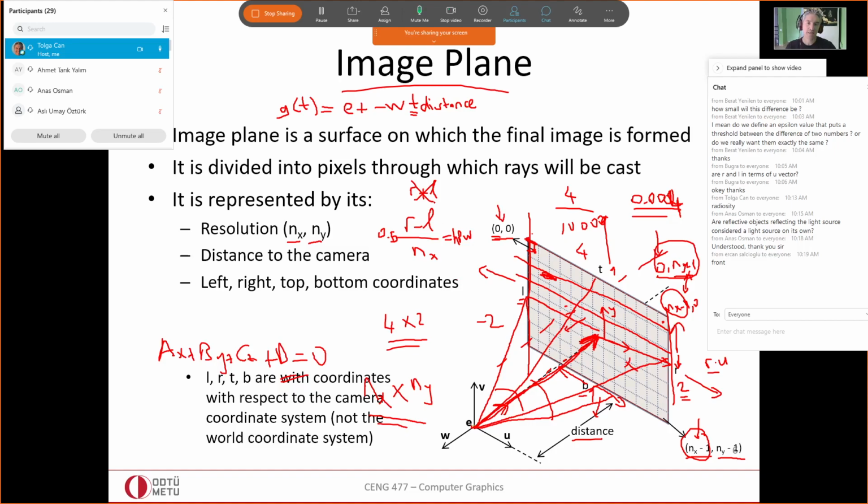All right. Now look at the line equation I just formed: E plus minus w t distance. What does this mean? It's this line. So when t is equal to 0, where am I? I'm at the eye point. When t is equal to 1, where am I? I'm actually at the center of my image.